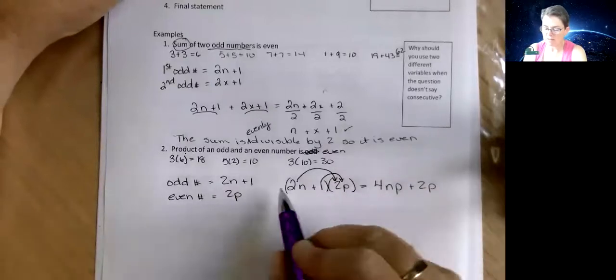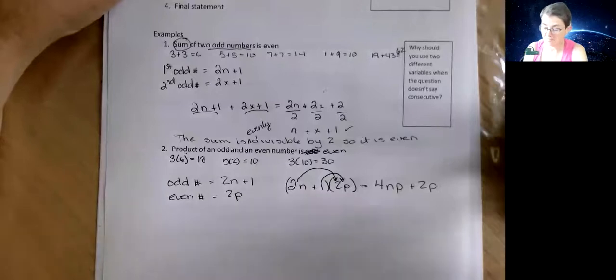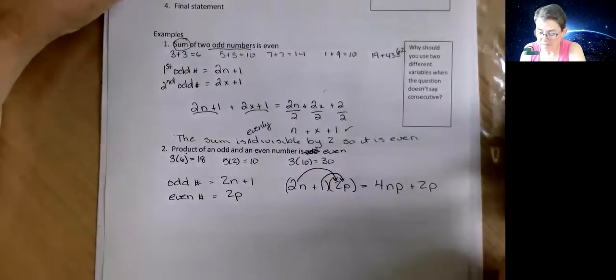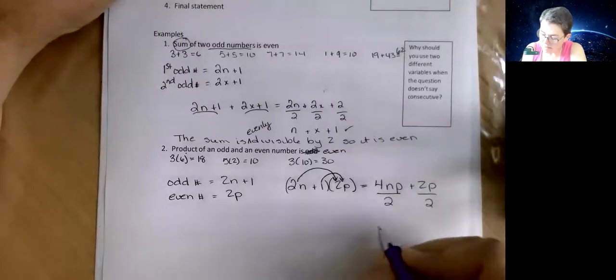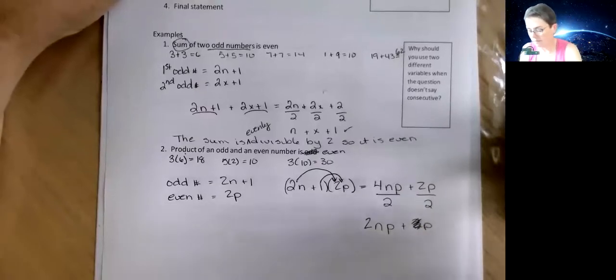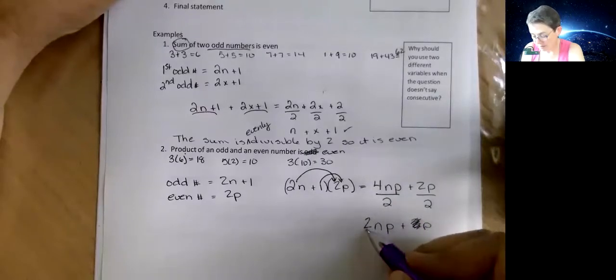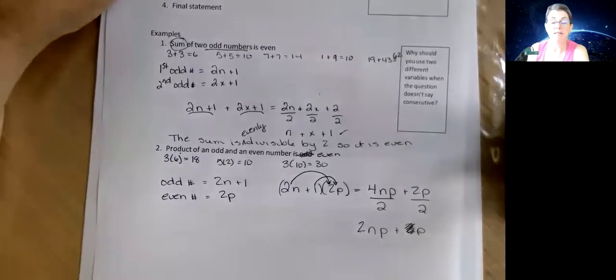Right? If you wanted to, you could have flipped that and put the 2p in the front. Same difference. You're still going to get the same answer. Now we want to prove it's even, so let's divide by 2. And we'll get np plus 2p. Oh, I get 2. 2 goes in the front. Sorry about that. 4 divided by 2 is 2. 2 divided by 2 is 1. Okay, so it divided evenly.